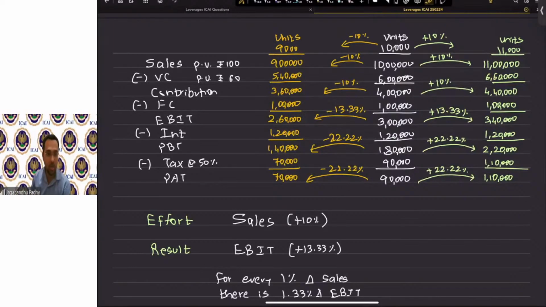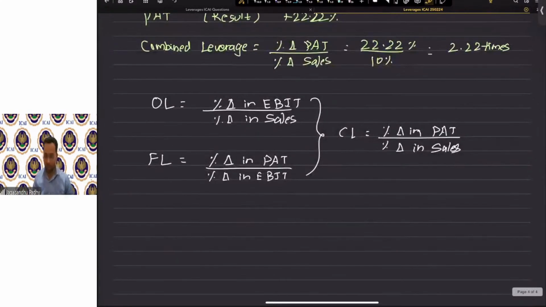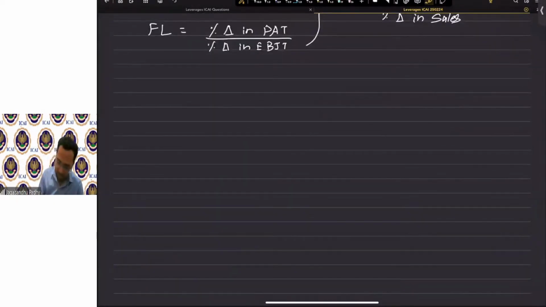We do have some shortcut formula also to calculate these leverages. Let's have a look at some of the shortcut formula. Let me just try out first with the operating leverage.